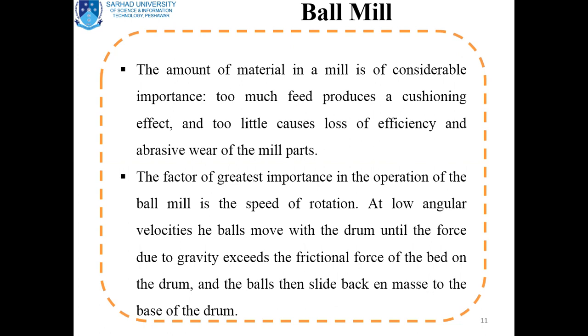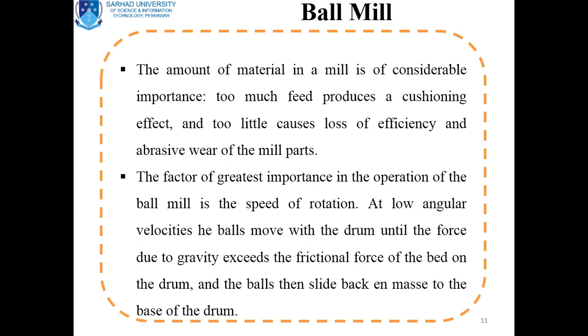What will be the effect if we add too much quantity of feed, and what will be the effect if we add too little? So the amount of material in a mill is of considerable importance.